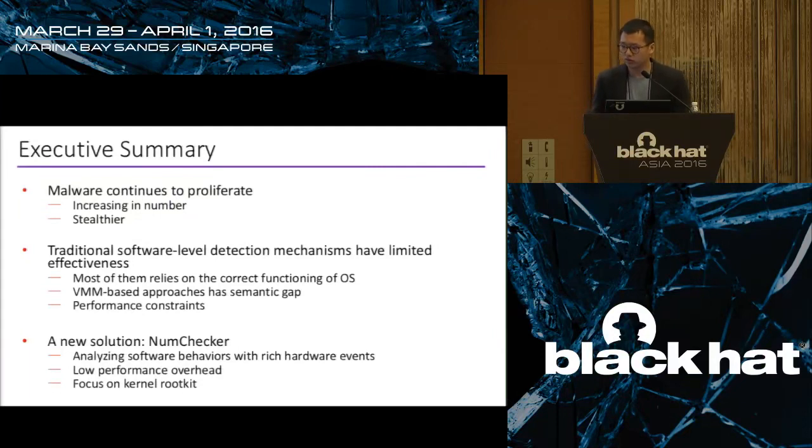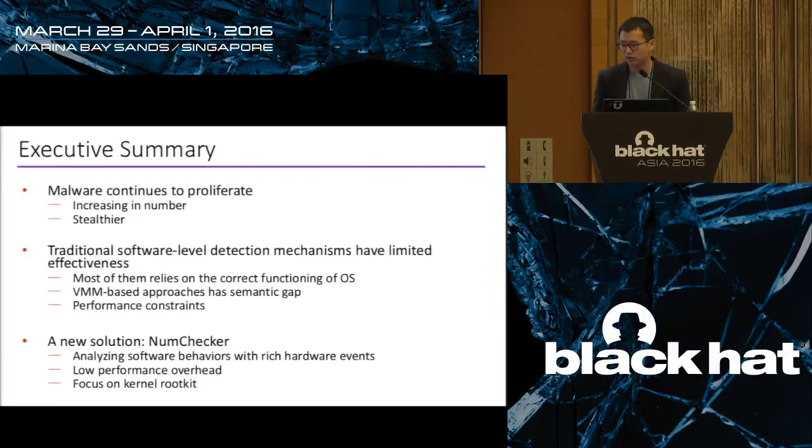Traditional software-level detection mechanisms mostly rely on the correct functioning of the operating system. There are some new approaches based on VMM-based detection. But when you use VMM-based approaches, you have a lot of semantic gaps, and there are ways to solve those semantic gaps, but they incur a lot of performance overhead.